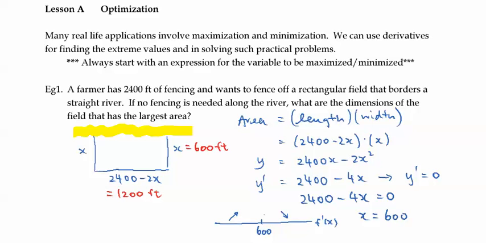So you can choose numbers such as 0 for x, plug it back in, and in this case as x equals 0, we do have a positive value. So the slope in this case will be positive. And then I can use x equals 1000, just a random number. Plug it back in, and you end up getting a negative value, and therefore we do have a maximum point at x equals 600.